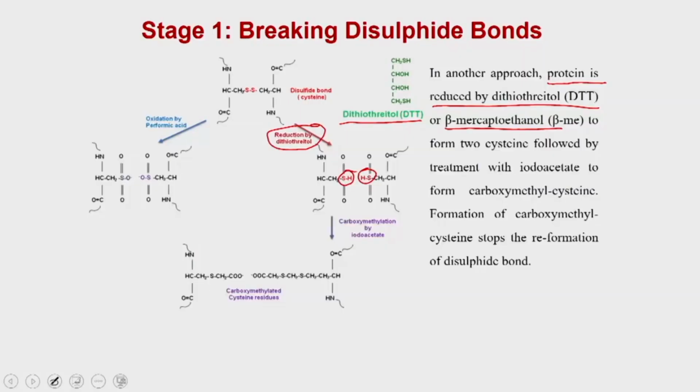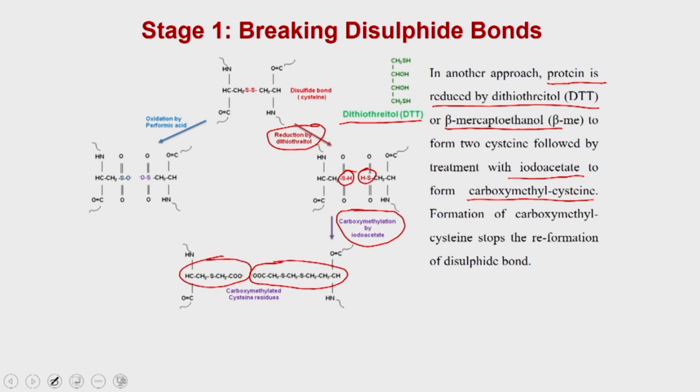To avoid that, you are going to treat this with iodoacetamide, and that is going to generate the carboxymethylcysteine derivatives of the two cysteines present on the protein.